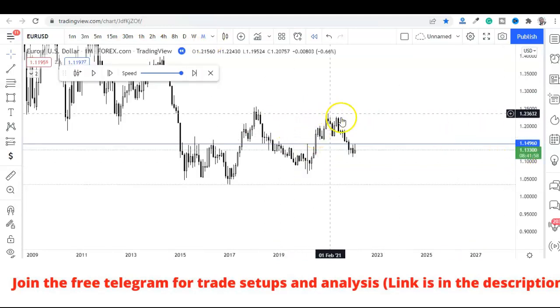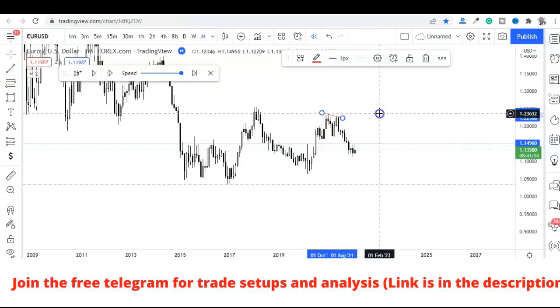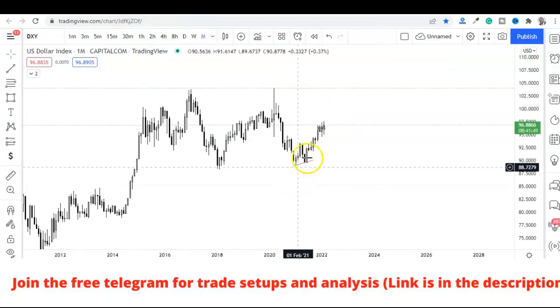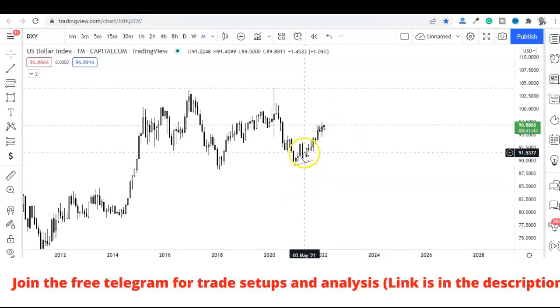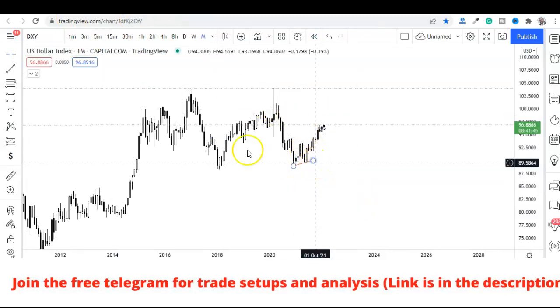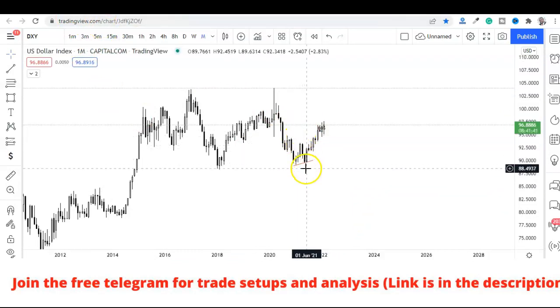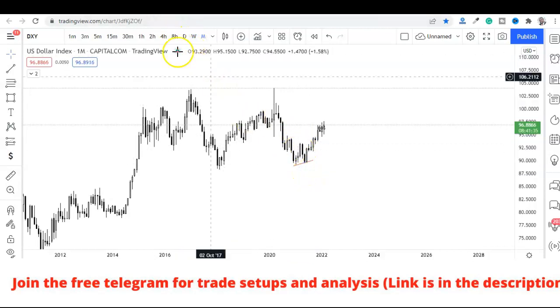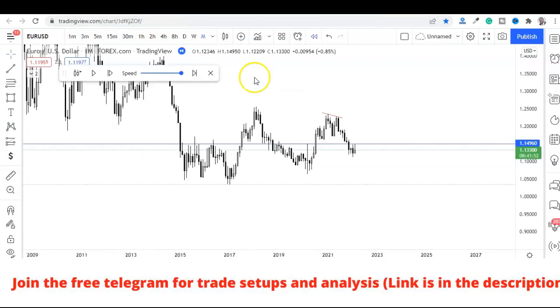Euro USD too, okay, they are in the same pace, lower low, higher high, but sometimes we might have divergence, meaning either the Euro USD or the DXY will produce, let's assume the DXY produces a lower low, and the Euro USD gives what, lower low.